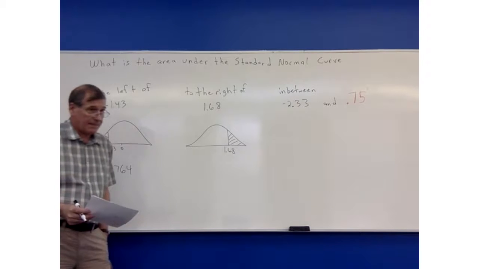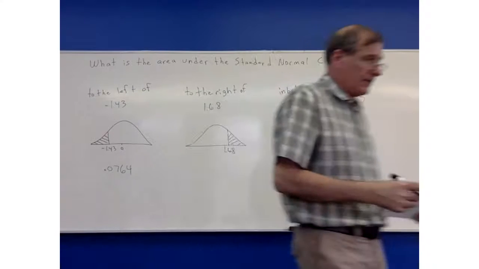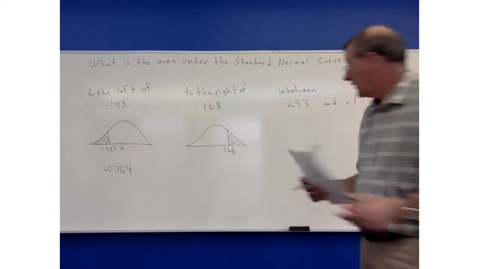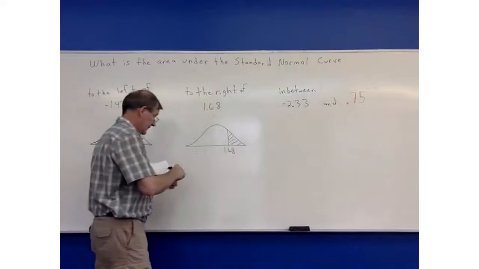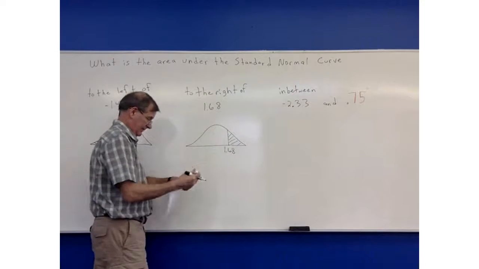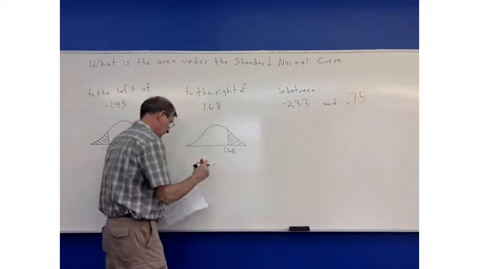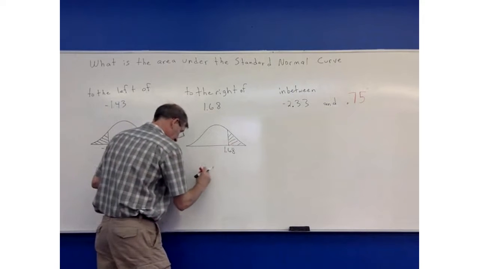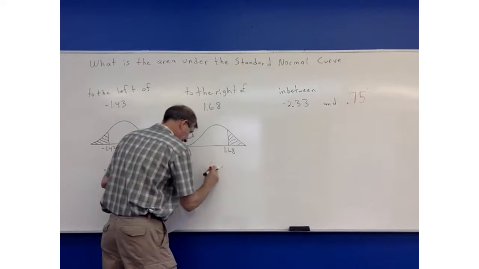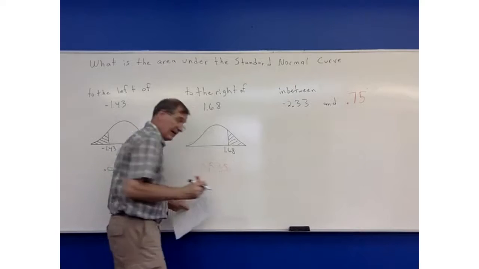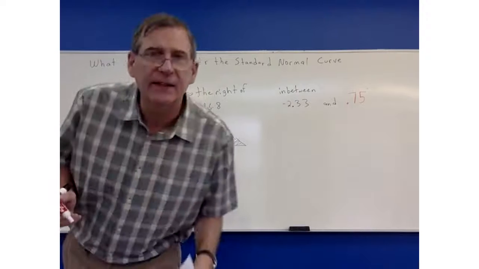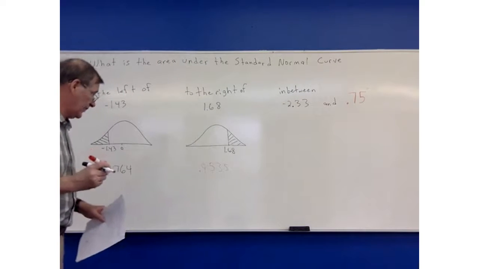Now, how do we get that? Well, if we look up on the table, we will get the following number: 0.9535. Hopefully you can see that okay. It's in red.